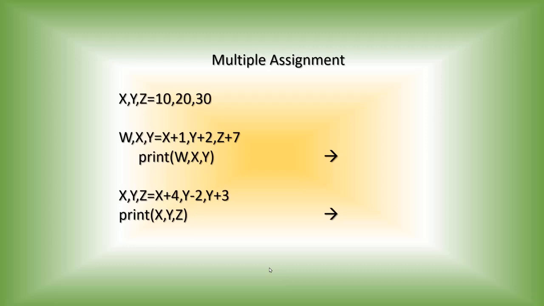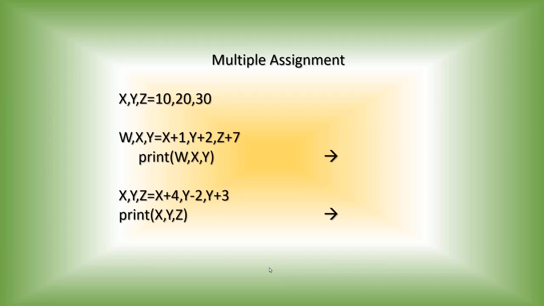Yes, x. 20 is given to y. 30 is given to z. In whichever order the values are written, in the same order the value is copied to its corresponding variable. 10 is copied to x, 20 to y, and 30 to z. So that is the order.